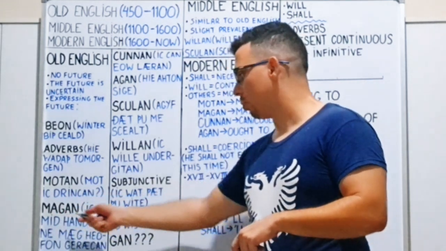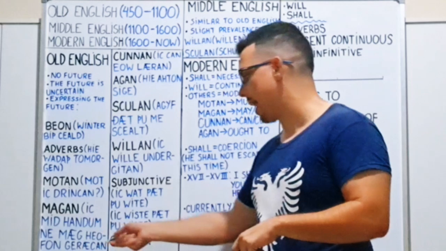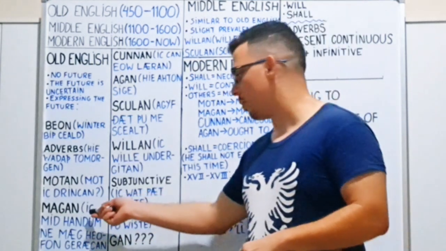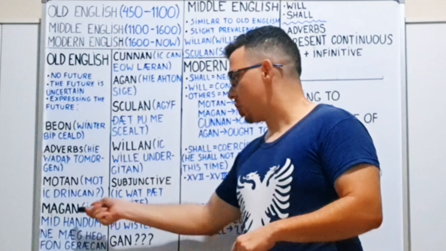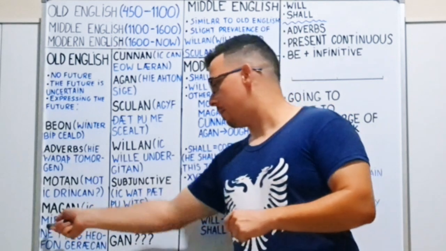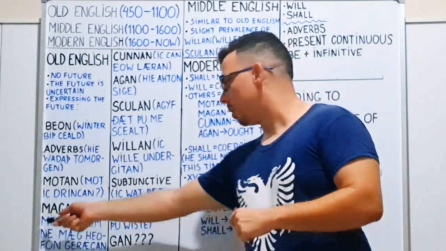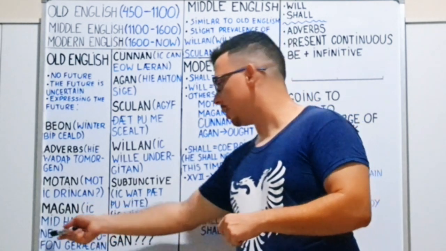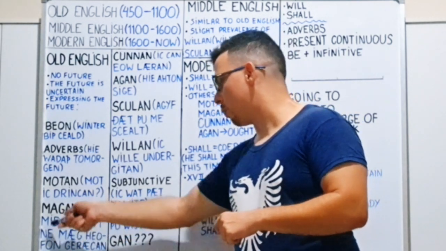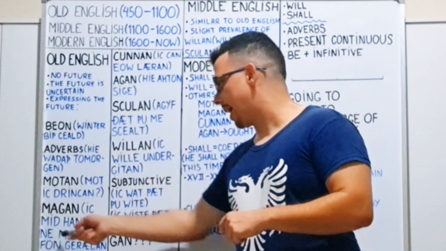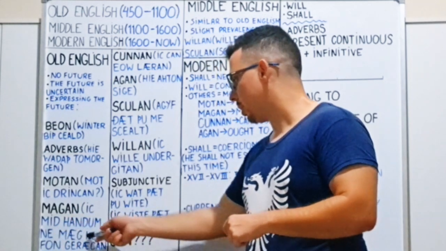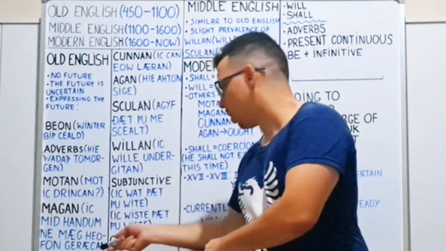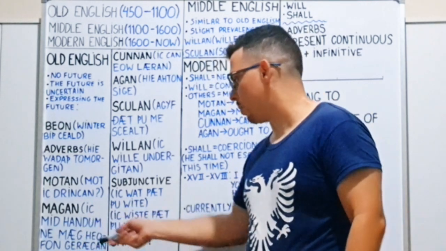Each mit handum ne mei helvon hierarchan. What have you just said? Well, what I read was each I, mit handum with my hands, ne mei cannot, helvon hierarchan heaven reach.